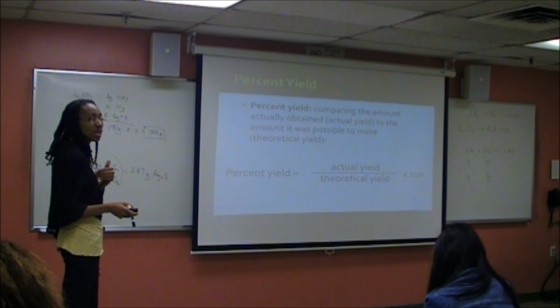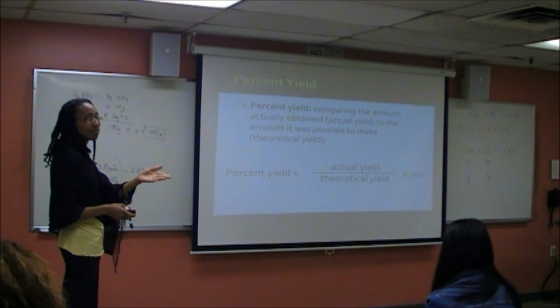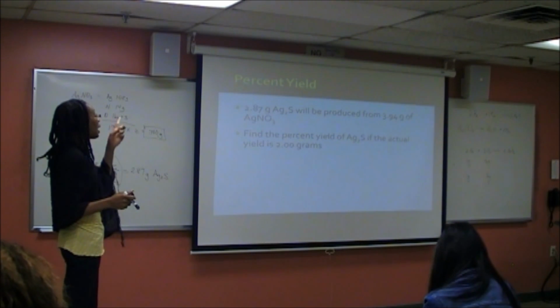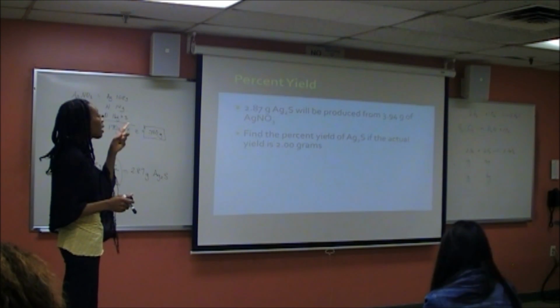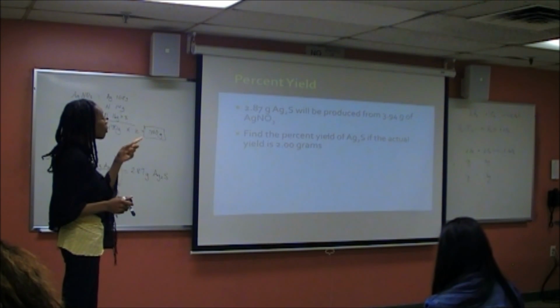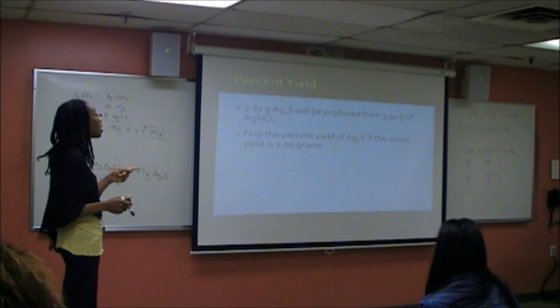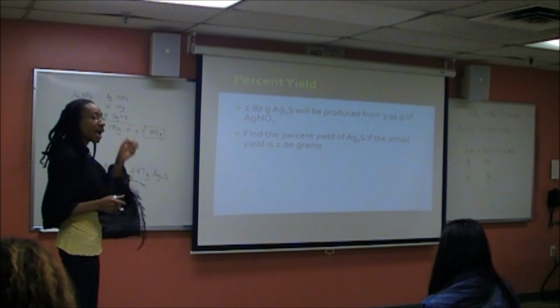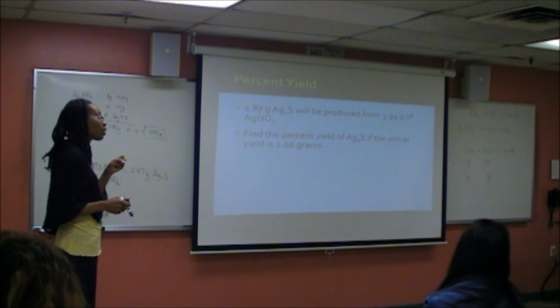Remember, your actual yield, I'm going to give that to you. Alright, so now let's take another question. If 2.87 grams of silver sulfide will be produced from 3.94 grams of silver nitrate, find the percent yield of silver sulfide if the actual yield is 2 grams.